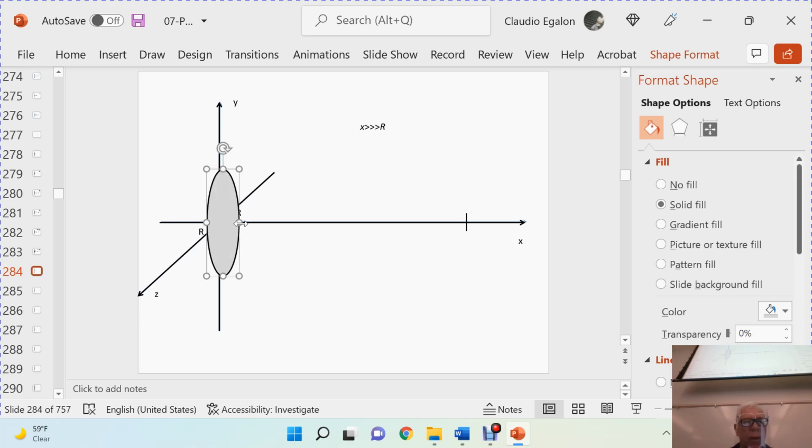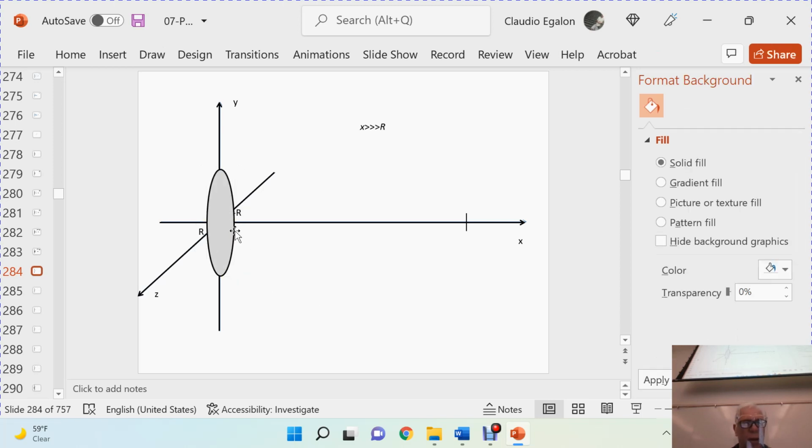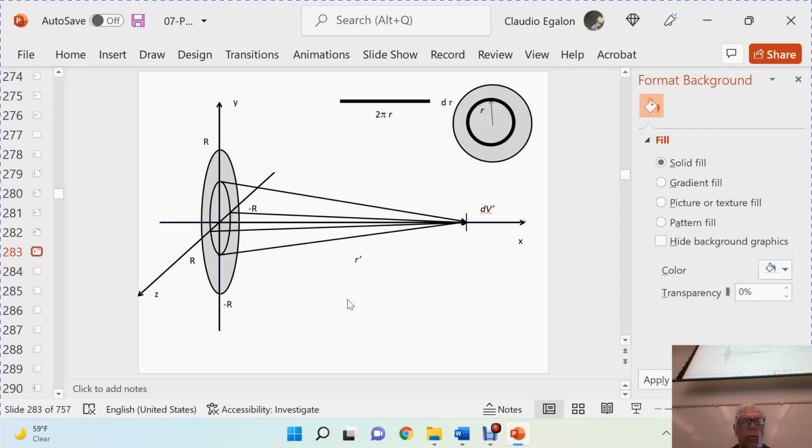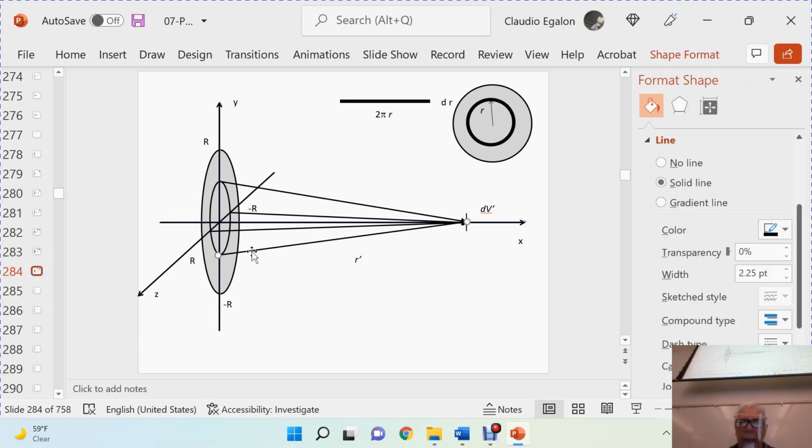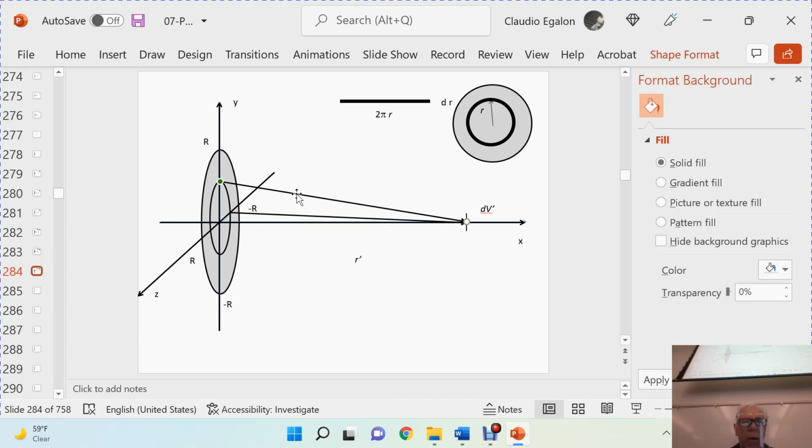If the distance goes up, the height of the disk goes down, right? So we are zooming out. The disk was this one here first. Let me copy this one and paste here, and I'm going to remove everything that doesn't matter.